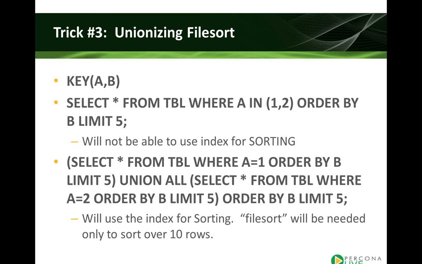What you can use in this case is convert that to a union. We can fetch the first 5 items for A equals 1, and then the first 5 items for A equals 2, and then do a union on those and do an ORDER BY.